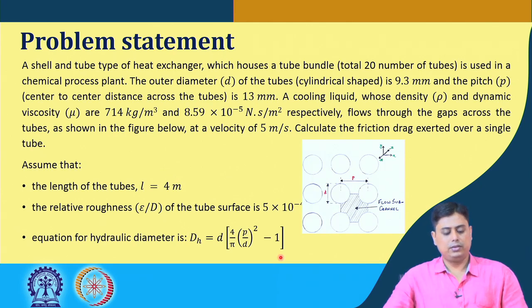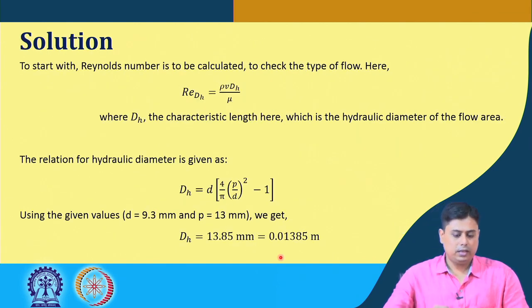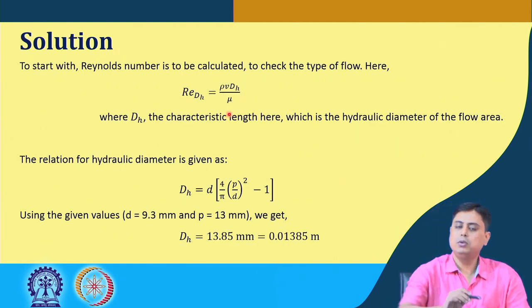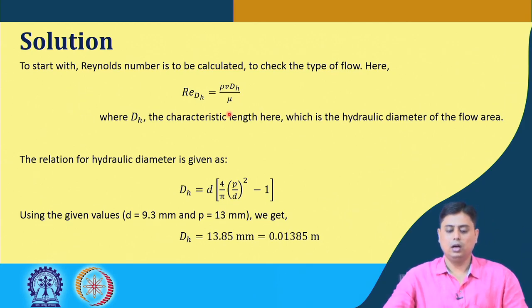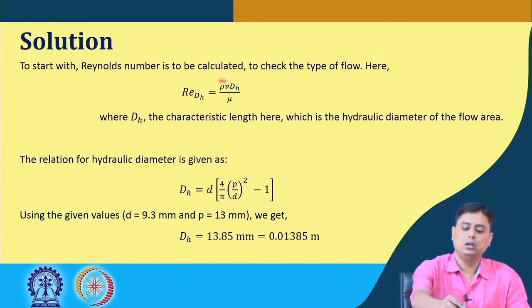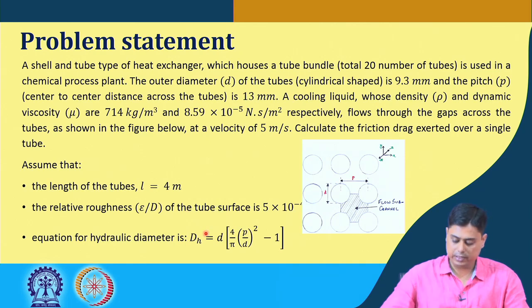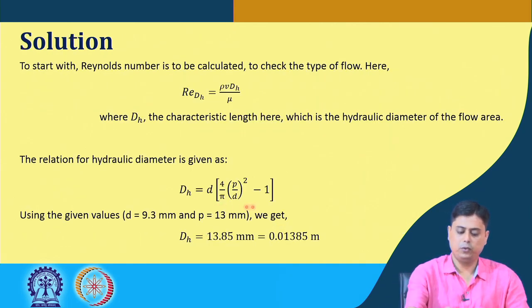Then this hydraulic diameter will be used to calculate the Reynolds number, to get the C_d value. The Reynolds number expression is d V rho by mu. Here the velocity, density and viscosity are known, and d_H we will get from this expression, using the outer diameter of the tube and the pitch dimension.